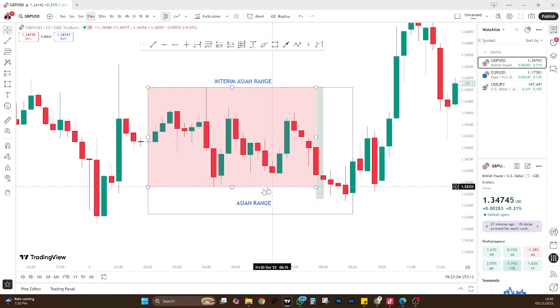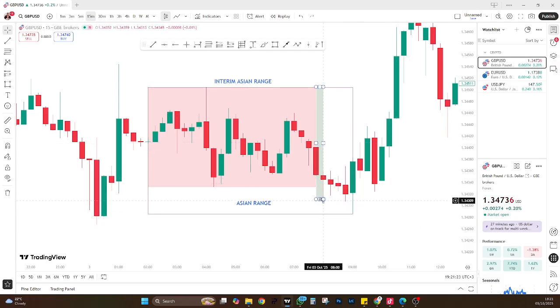If the lows are taken out, we will look for buys. If the highs are taken out, we will look for sales. I hope we are together up to there.